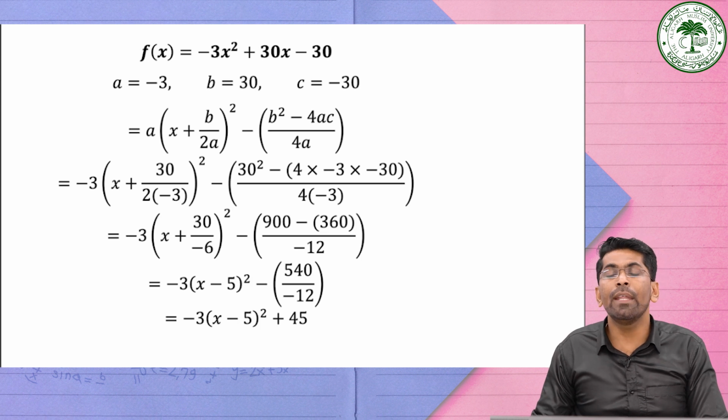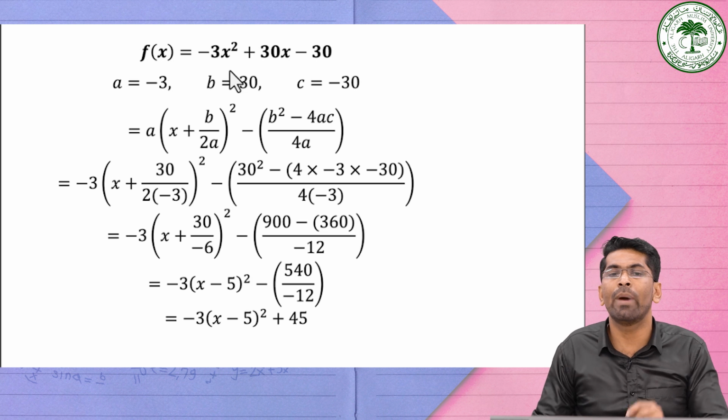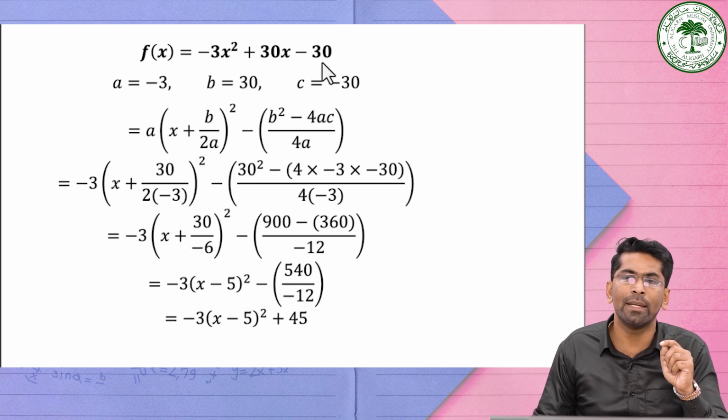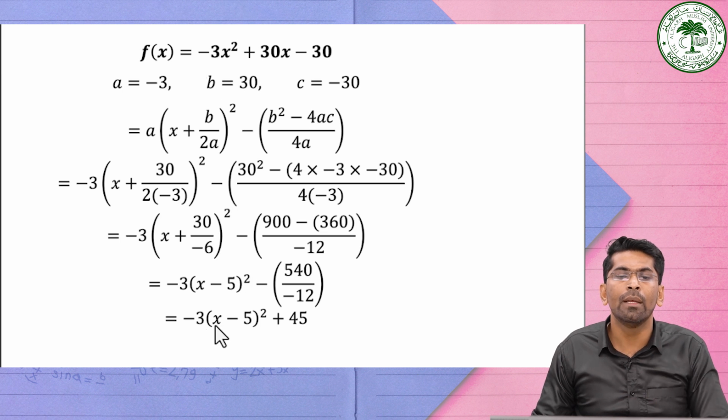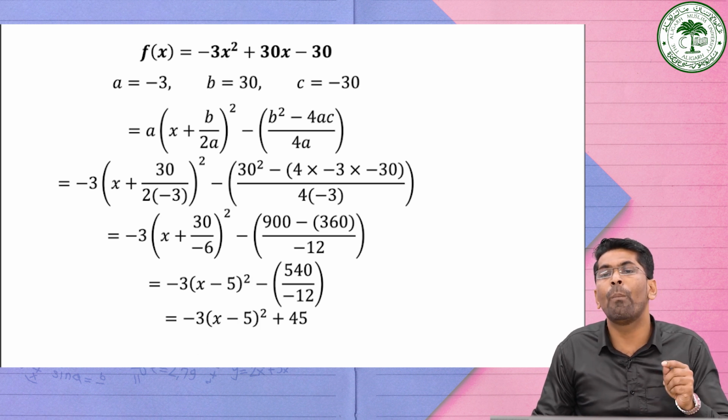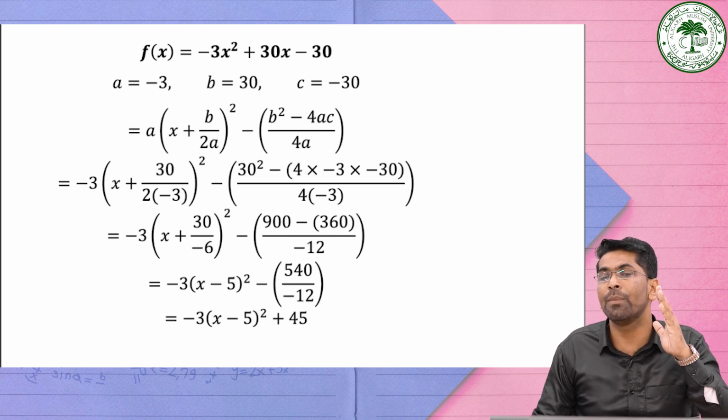So now we can find the minimum or the maximum value of this given quadratic function, that is minus 3x square plus 30x minus 30, by looking at the coefficient of the complete square term. See, the complete square term is here x minus 5 whole square and the coefficient is here minus 3. So here the coefficient is minus 3, which means a is less than 0, the parabola opens downward and the maximum value occurs at the vertex, which is the point.